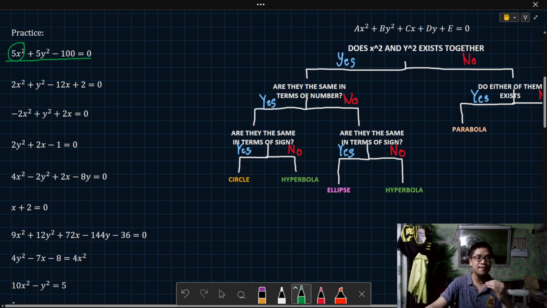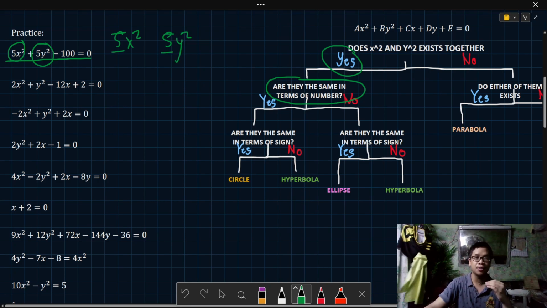Since we have 5x squared and 5y squared, the answer is yes. Second question, are they the same in terms of number? Both of them have the same number, which is 5, so it's a yes.